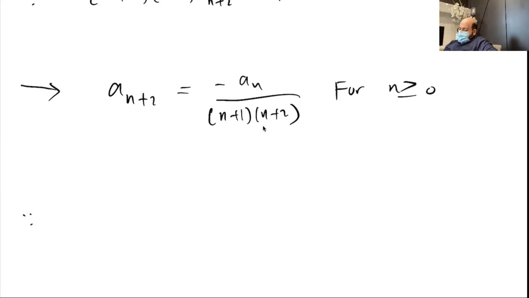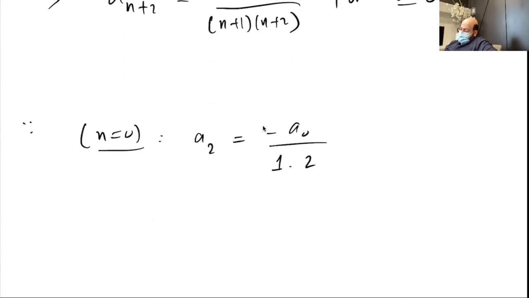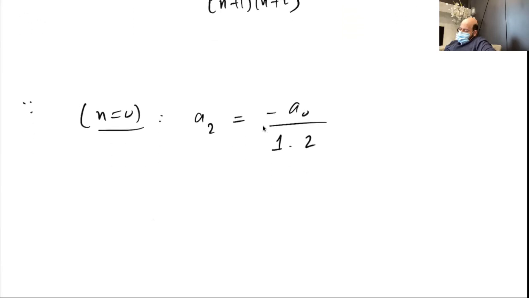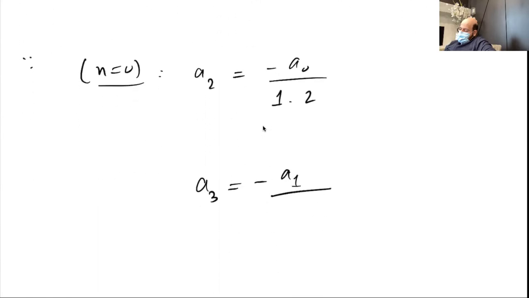So we can say that a2 will be minus a0 divided by, see, if I replace n with 0 in this equation, then I'll have a2 equals minus a0 over 1 times 2. a3 similarly will be minus a1 divided by 2 times 3.